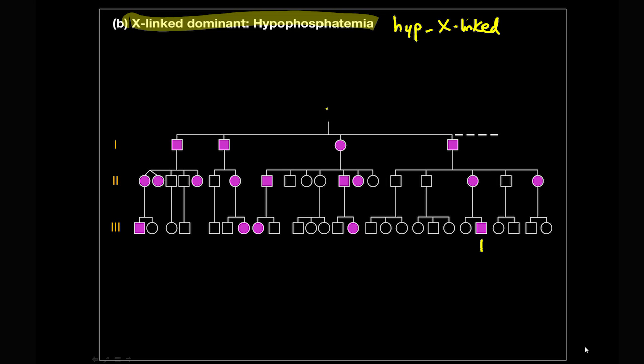If it's X-linked and dominant, this guy would have to have X big H Y, right? Now remember this: males always get their X chromosome from their mother. So if this is sex-linked, what that would mean is anytime you see an affected male, his mother has to be affected too. Because with dominance, there's no carrier. If you have the allele, you're showing the disease, right?